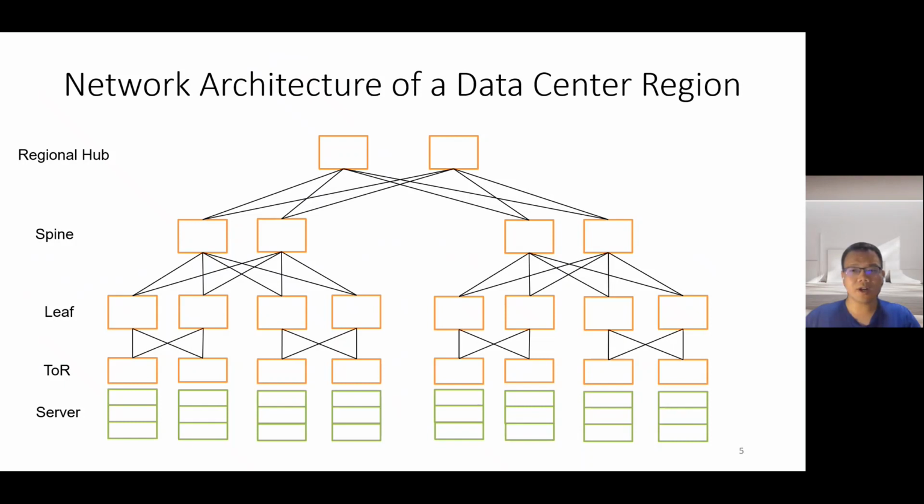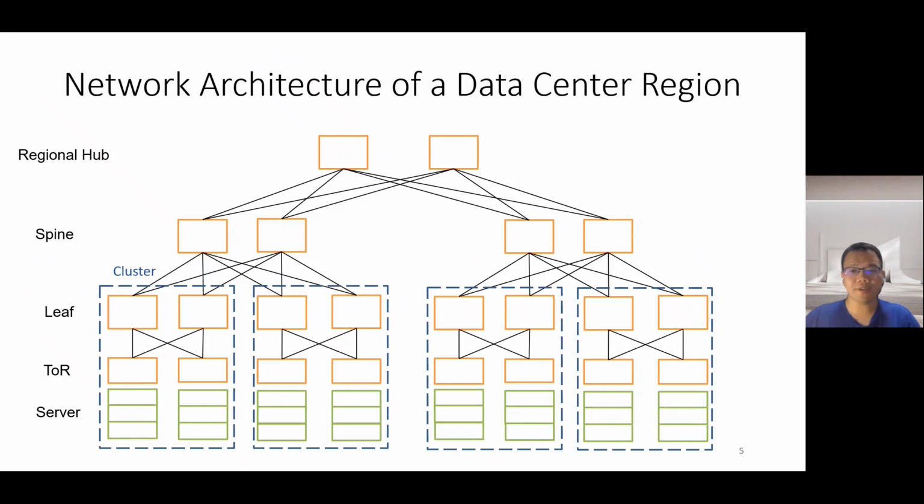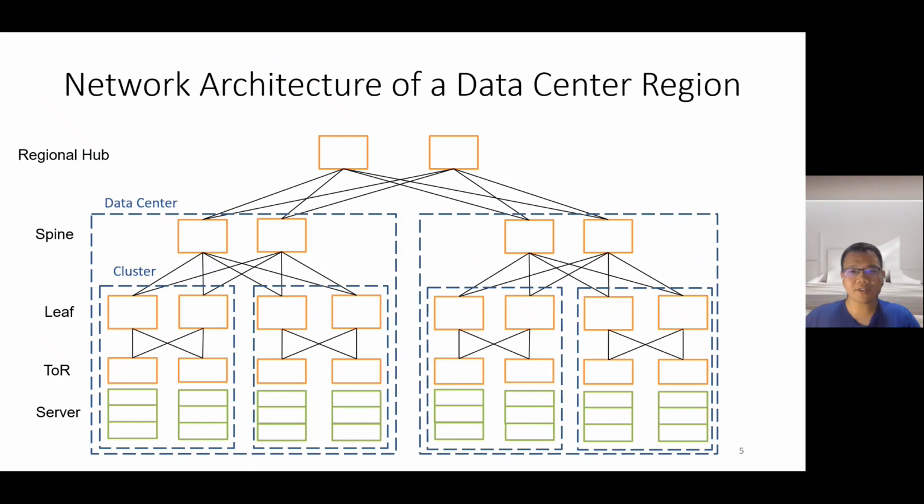Servers under a TOR switch form a rack, and servers under the same set of leaf switches form a cluster. Servers under the same set of spine switches form a data center. So a region interconnects multiple data centers through the regional hub switch, which is on the top.